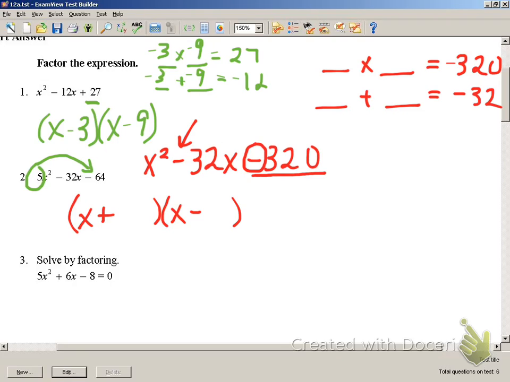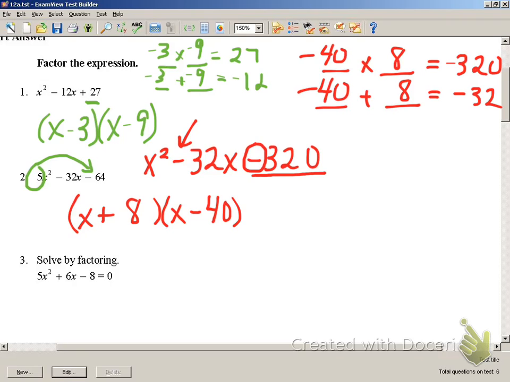So that means one number will be larger than 32. And if we think, 40 times 8 gives us 320. For 40 plus 8, one of those has to be negative, and it would have to be negative 40. So therefore my factors are negative 40 and positive 8.